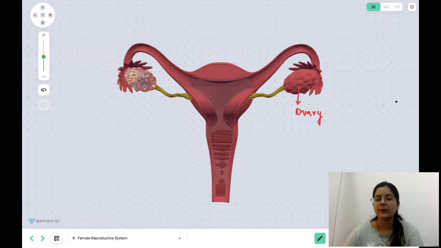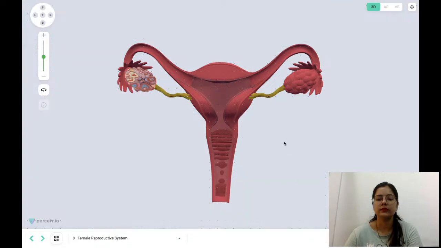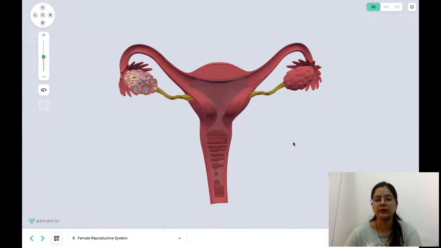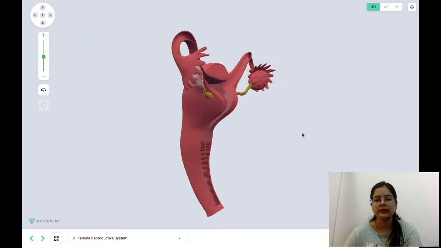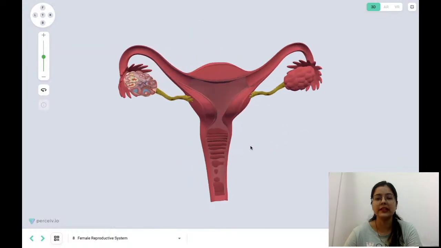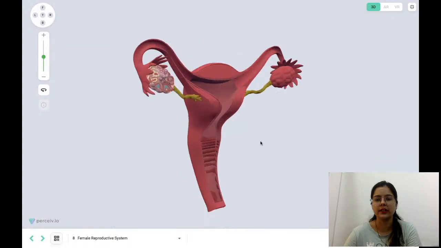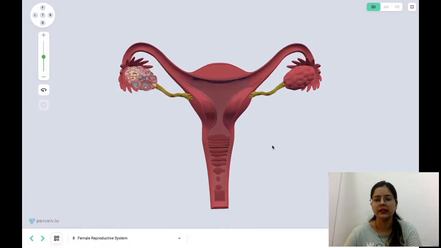Now, apart from ovary, the main important part is basically your fallopian tube. And if I just move this model a little bit like this, you can see over here. So this is a kind of a cross section that you can see over here like this. All right.